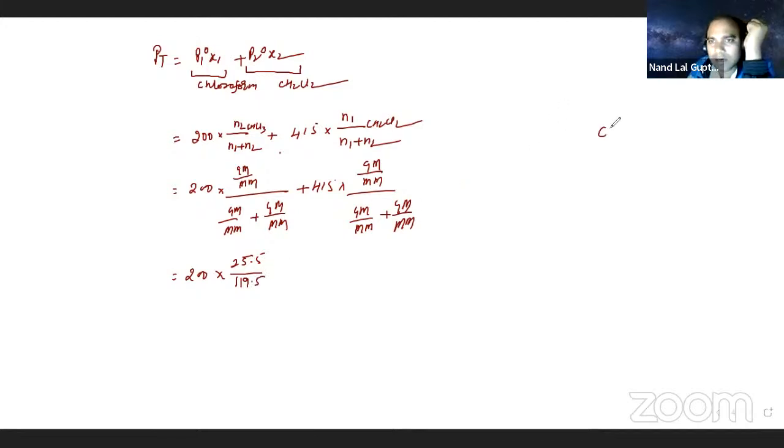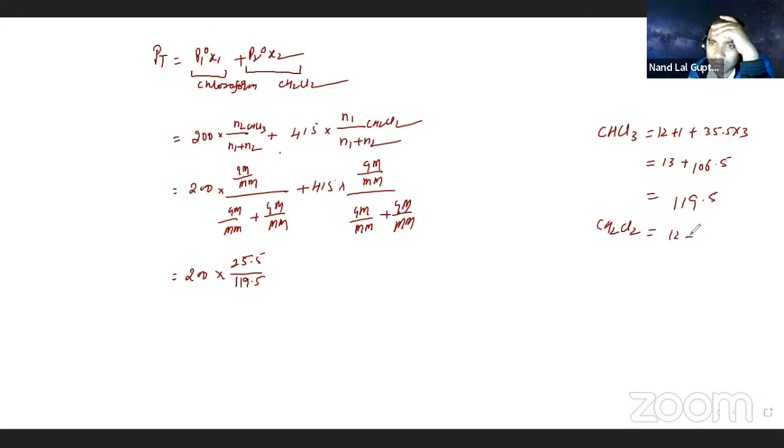We have done earlier: CHCl3 is 12 plus 1 plus 35.5 multiplied by 3, so adding it, 119.5.